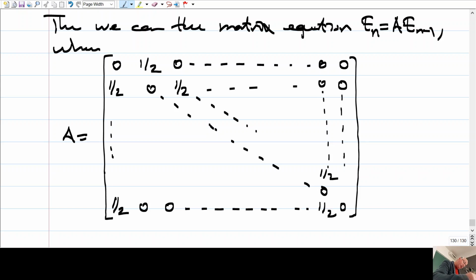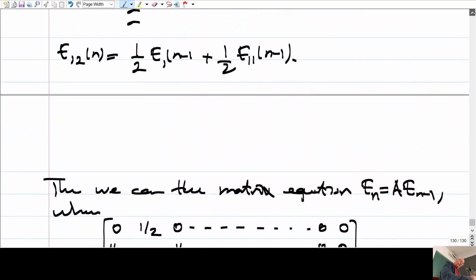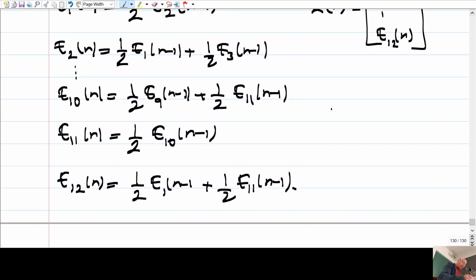Above the diagonal I have 1/2s, and below the diagonal I have 1/2s, but I have also an extra 1/2 here. Okay, so we have this gadget.